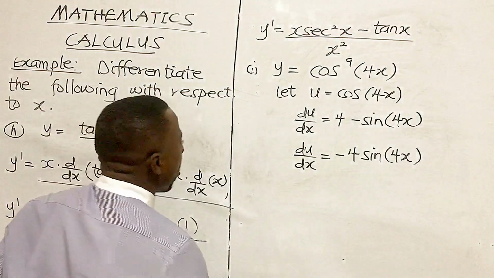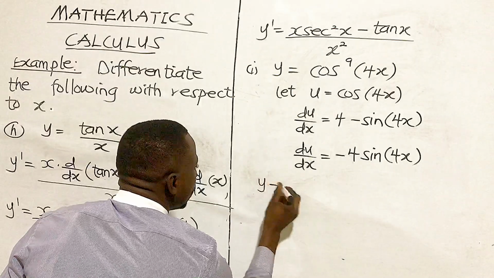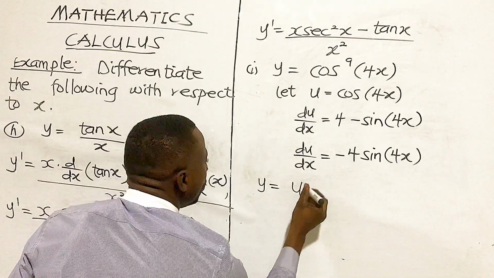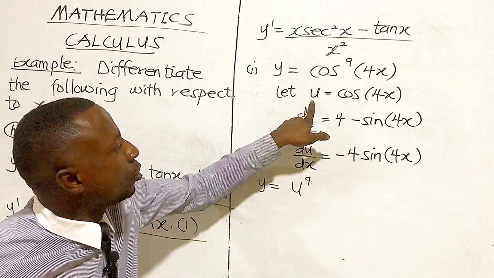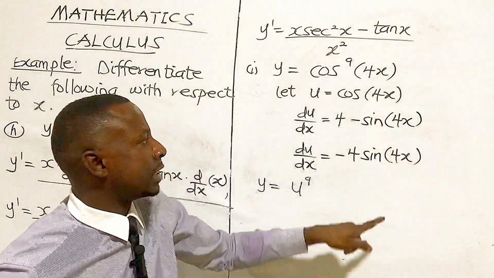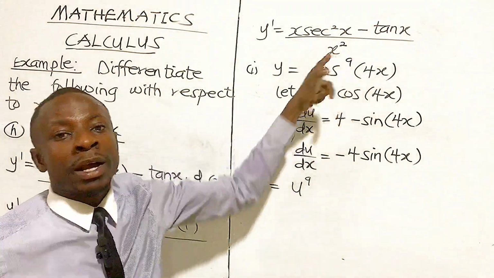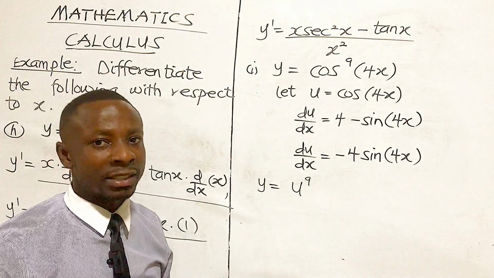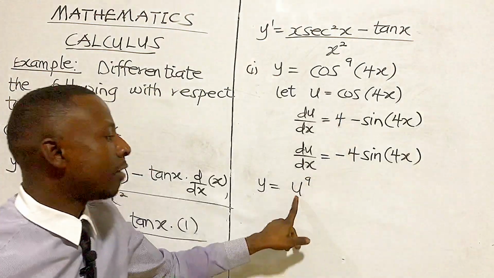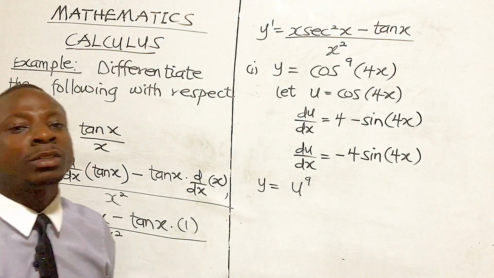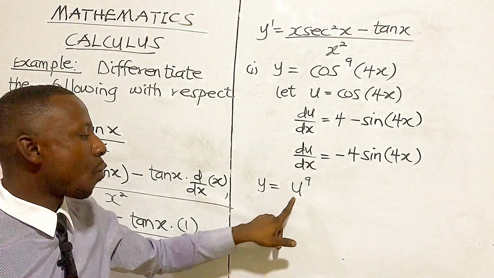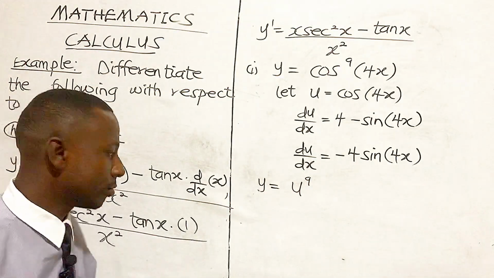Now, my new y is going to be u exponent 9. Why? Because u is now cos of the function. But you know the cos from y is carrying an exponent, which is 9. So we have u power 9. And from here, we are going to differentiate y with respect to u.